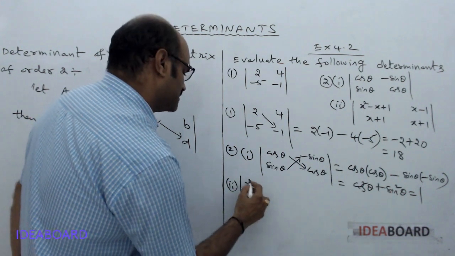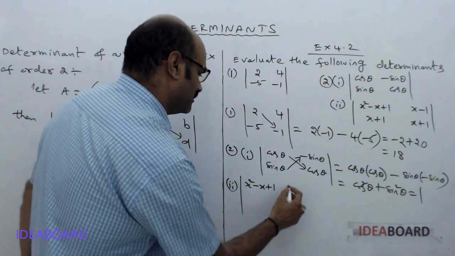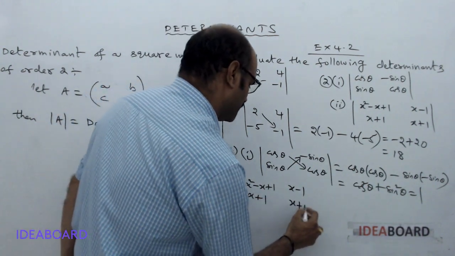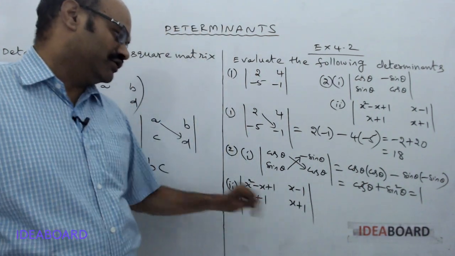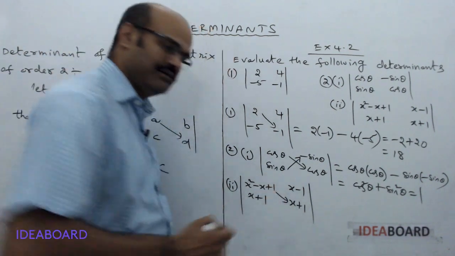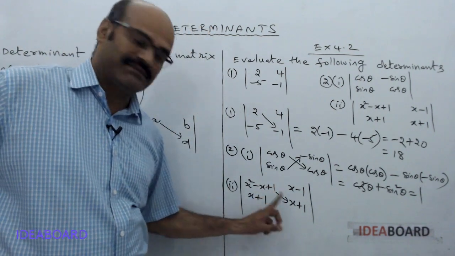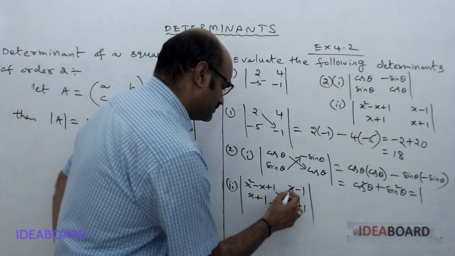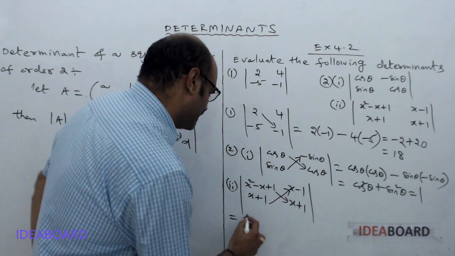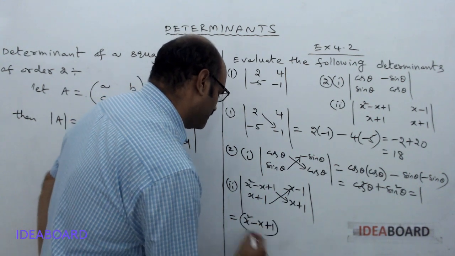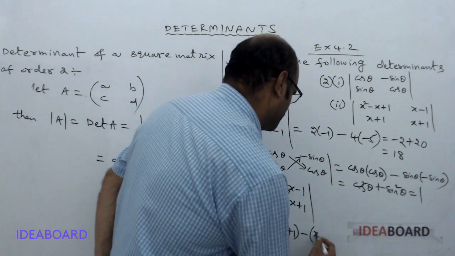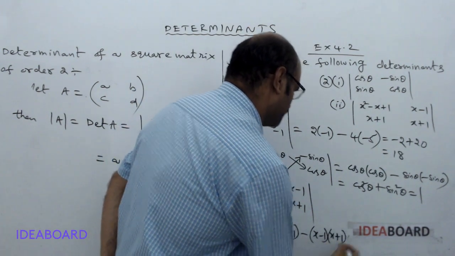Similarly, second problem, determinant of x square minus x plus 1, x minus 1, x plus 1, x plus 1 equal to the product of the principal diagonal elements minus the product of the secondary diagonal elements, equal to x square minus x plus 1 into x plus 1, minus x minus 1 into x plus 1.